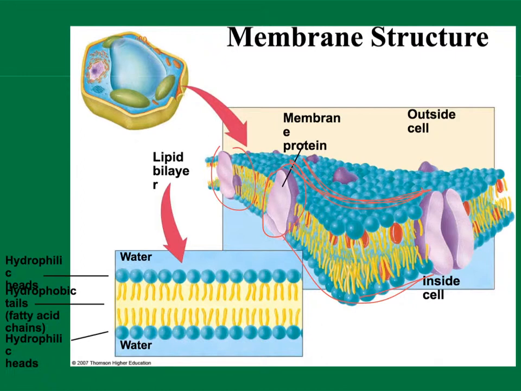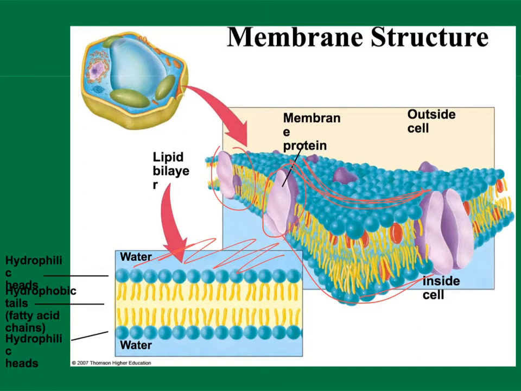So let's say this is a watery substance, and the hydrophilic heads are pointing into the water, and the hydrophobic tails point inwards so that they're not exposed to the water.